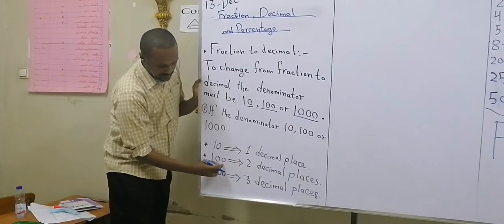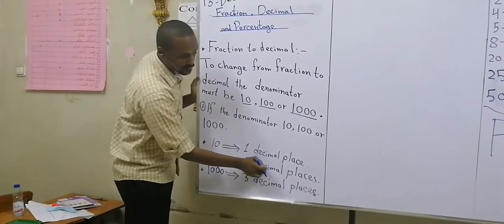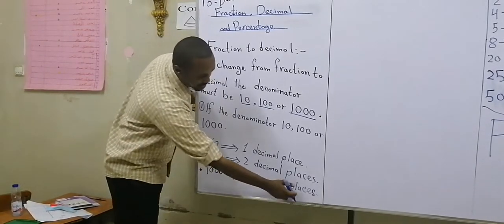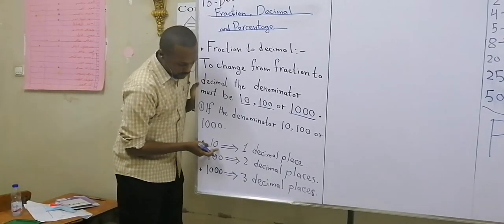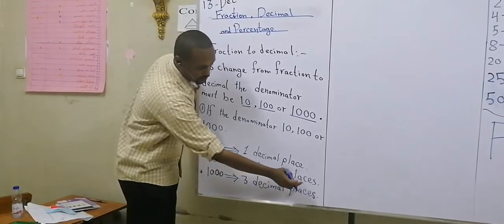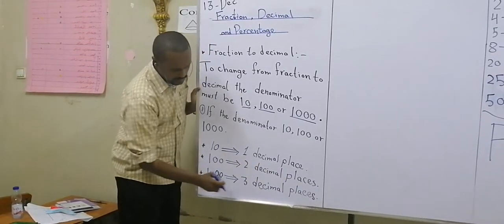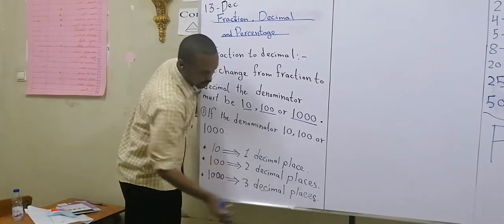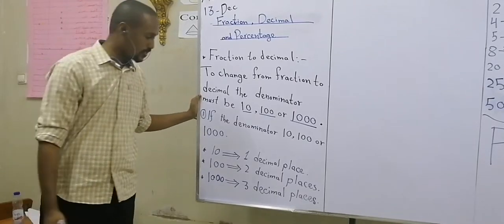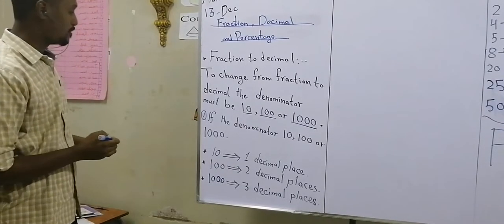If the denominator is 100, we have 2 decimal places. 1000, 3 decimal places, according to the number of zeros. 1 zero, 1 decimal place. 2 zeros, 2 decimal places. 3 zeros, that means 3 decimal places. 10,000, 4 decimal places.